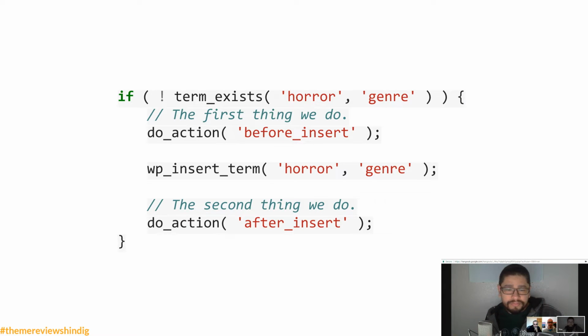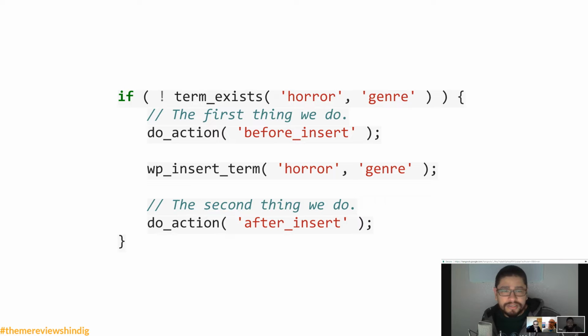So, an action is literally the do action. That's all it is. In this example, we'll see that if a term does not exist, then we're going to insert it. But before we insert it, we have an action called before insert. And then after, we have another action called after insert.